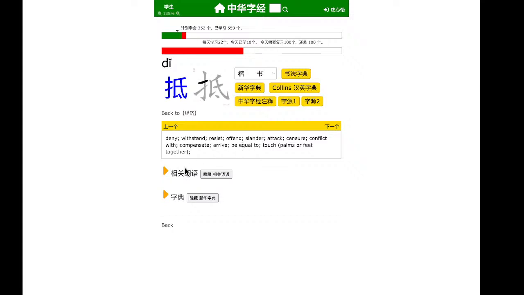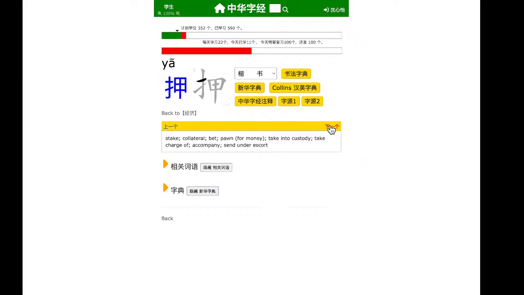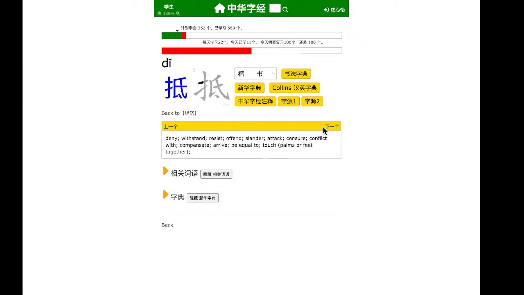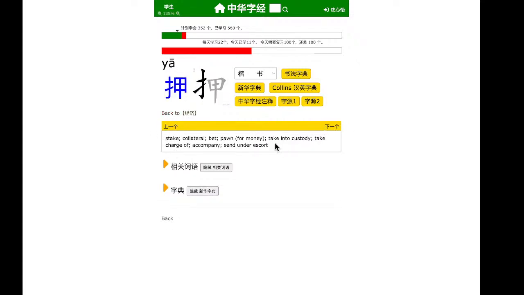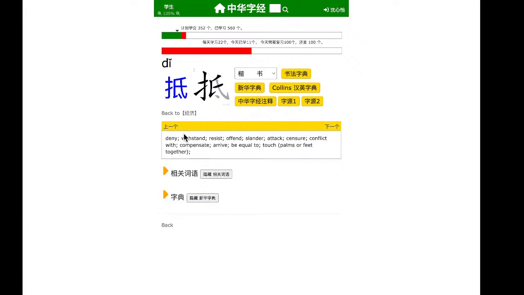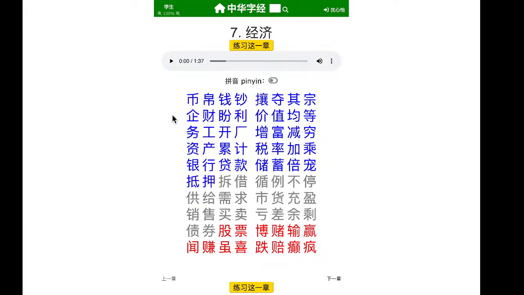But here we're using it in the word 抵押, where 押 is a stake or bet. It means to pawn for money or to take into custody, take charge of. So when you say 抵押, it means you are holding something against. So 抵押 refers to collateral, like for a mortgage or a loan.